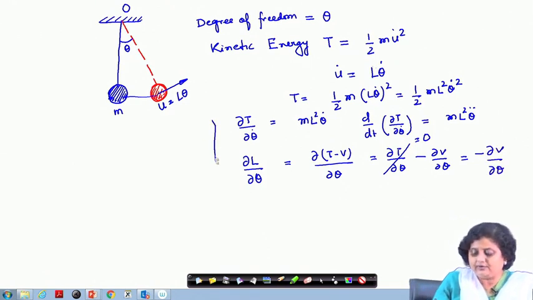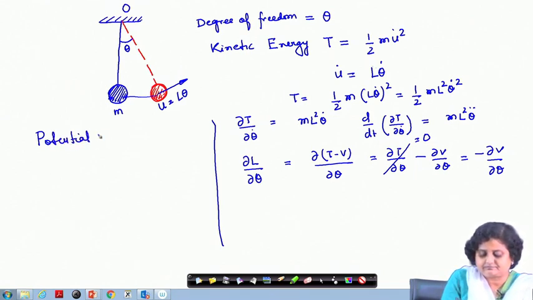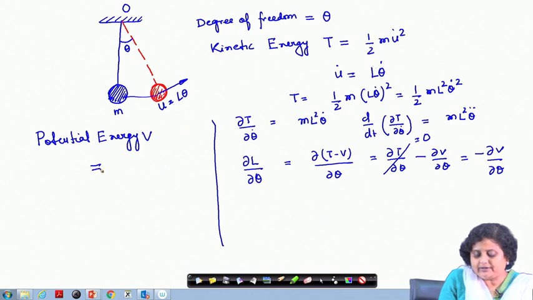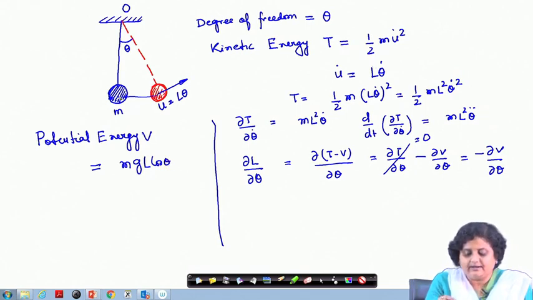So, let us now see what is the potential energy. Potential energy V is m g L cos theta, taking this as the reference.